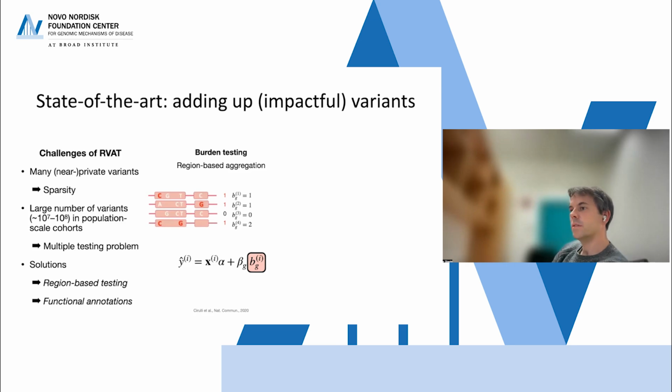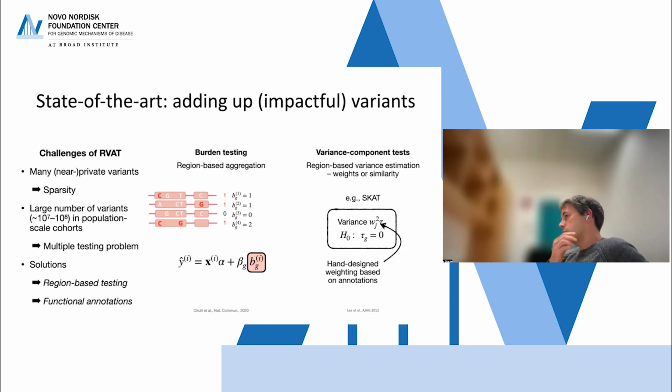Now, the problem with this is you need to know what are impactful variants. And what we do today is typically use annotations, like missense annotations or predicted splice features. And I will come to that later, but the real interesting question is how to actually use these annotations in a flexible way to understand what are impactful variants.